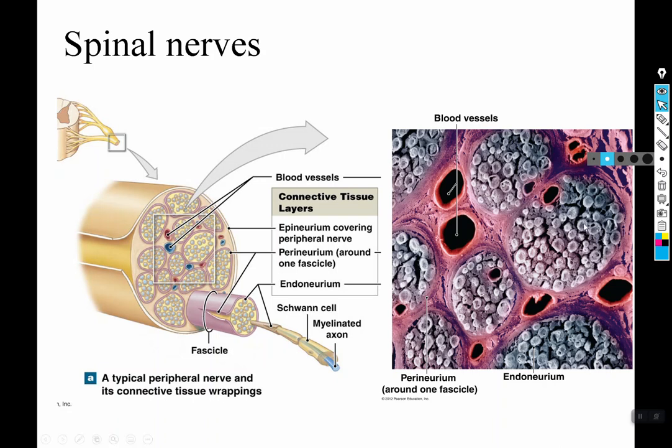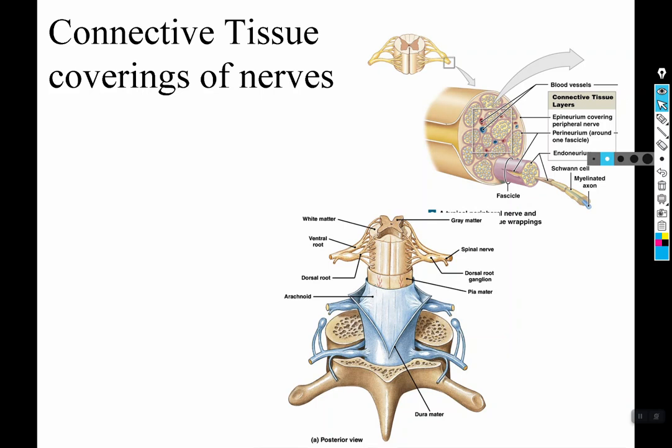So that's what you're seeing here. I think it's good to be explicit about what all of these things mean, because if you haven't seen one before, you'll have no idea of exactly how that image was obtained, if it's real or not, and what it means. So let's go back through the connective tissue covering of nerves.